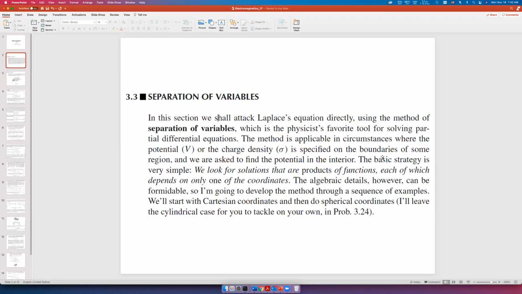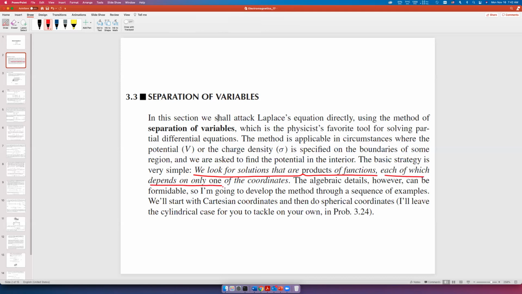The basic strategy is simple. We want to look for solutions that are products of functions, each of which depends on only one of the coordinates.